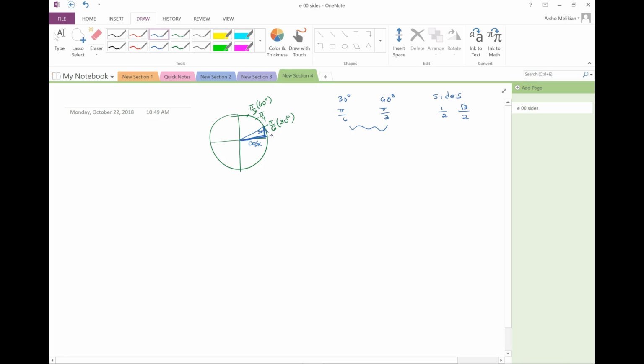So if I'm looking for sine of pi over 6, if this is pi over 6, that's the small angle, it faces the small side, 1/2, and this one is root 3 over 2.